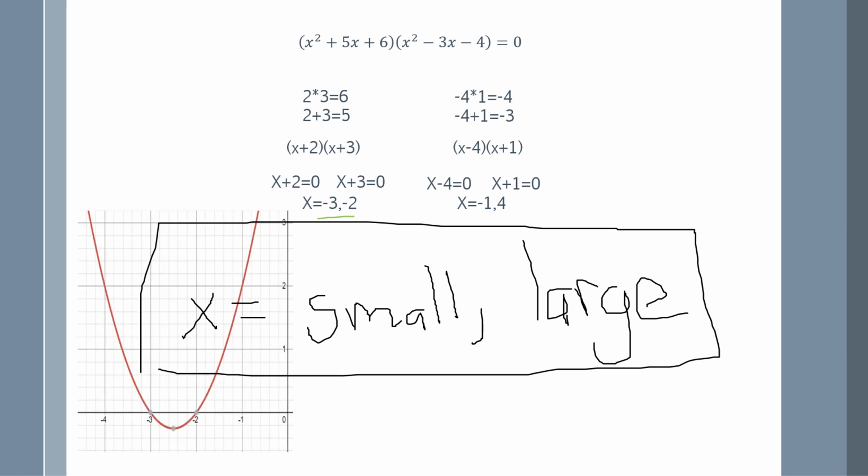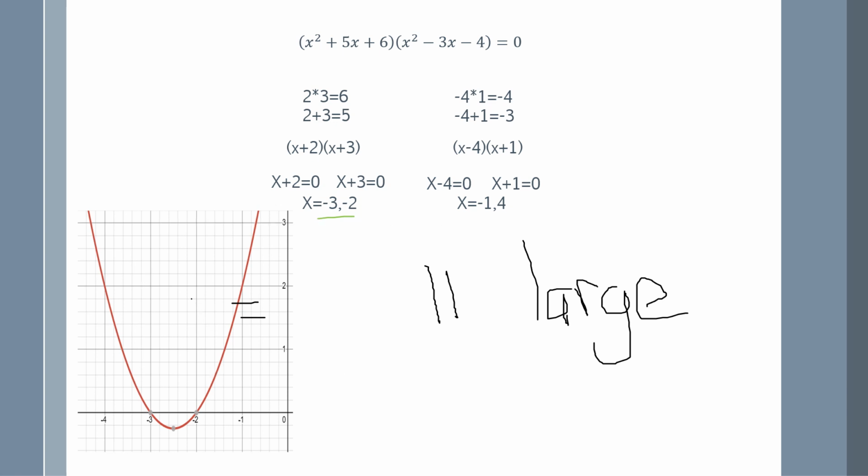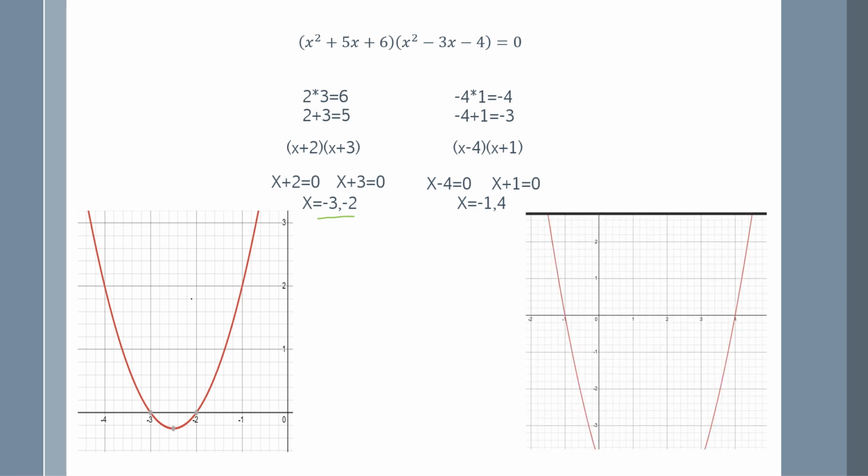Alright. And the graph right here, what you see is me putting it in decimals. My answers for the equation on the left and for the equation on the right both match. When you zoom in on this in decimals, you're going to get these as your x-intercepts for each graph.